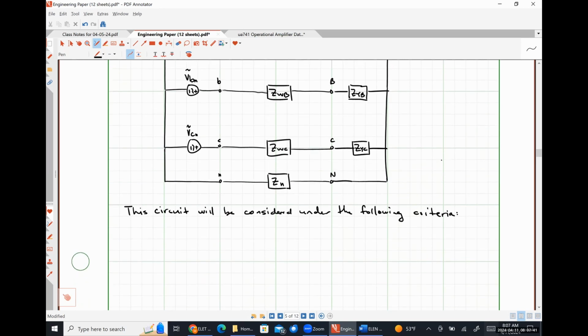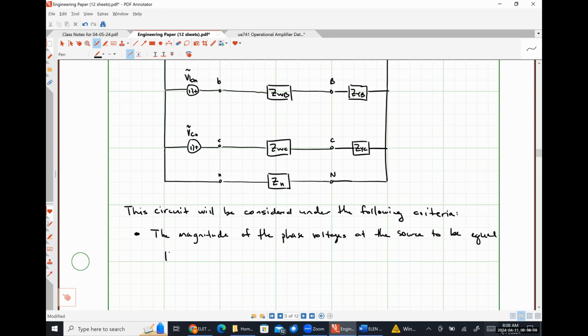We need the magnitude of the phase voltages at the source to be equal.